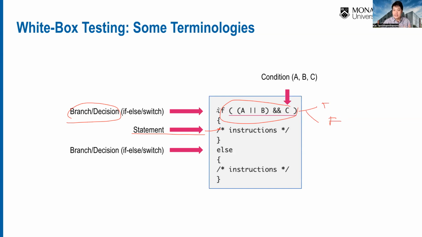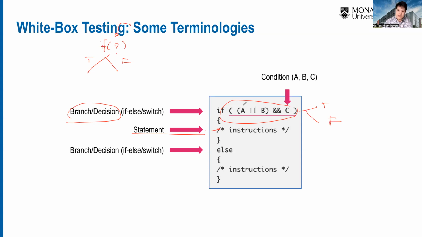Okay, so in this case, if else has two branches, right? This is the if statement. Okay, and there are two branches here, either true or false. Okay, but anything inside the if statement is called a condition. For example, A or B and C, that kind of thing. This is more like a complex condition now.